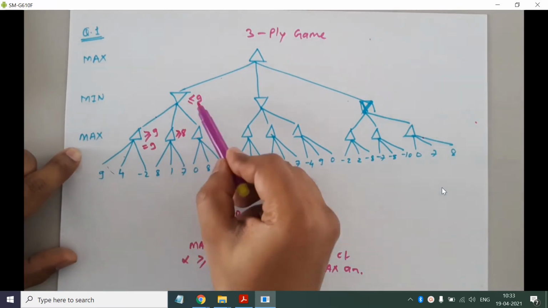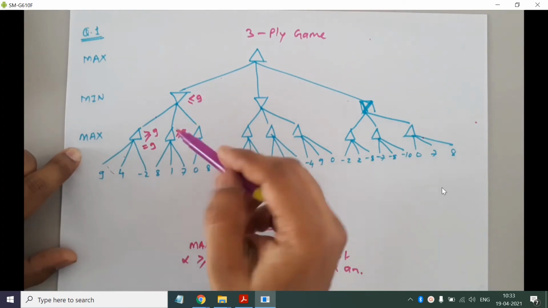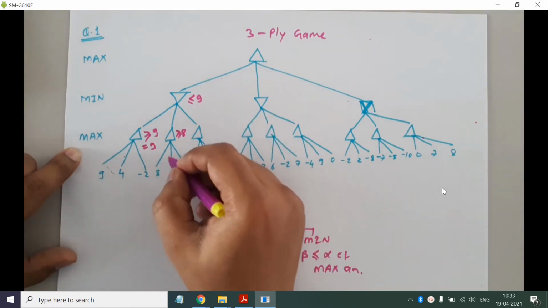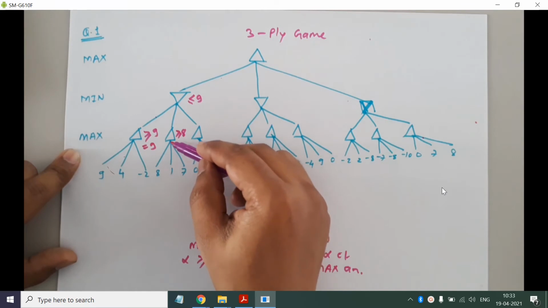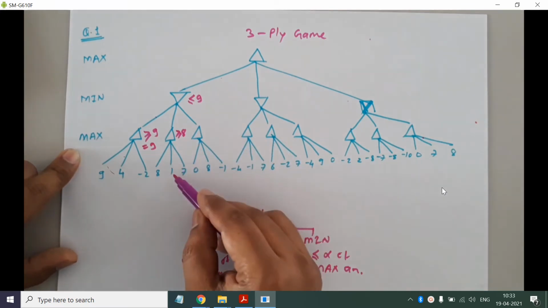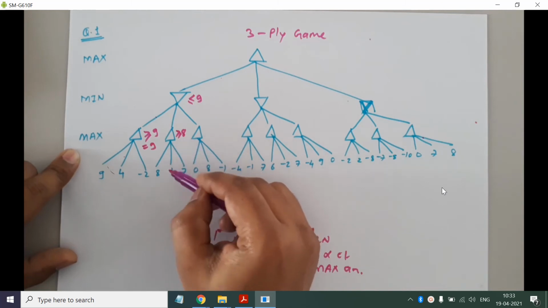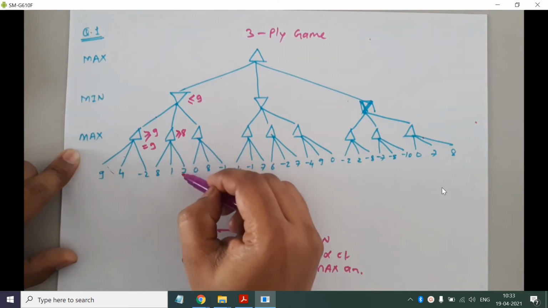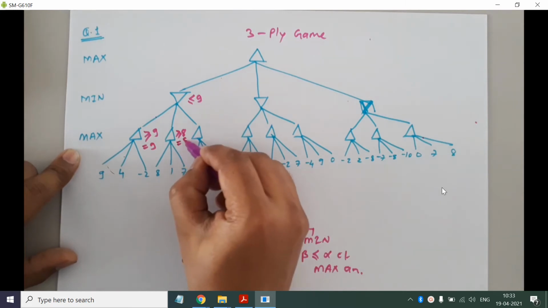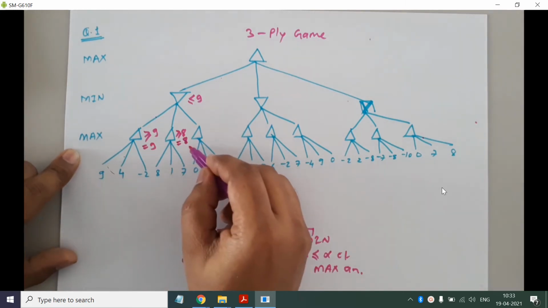Alpha 8 greater than 9, no, false, right? So keep updating, and pruning is not possible. Then we visit the second branch, that is 1. We are expecting a higher value than 8, so ignore this, and then 7. No need. So its alpha value is 8.